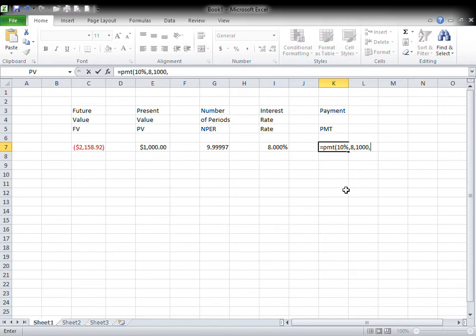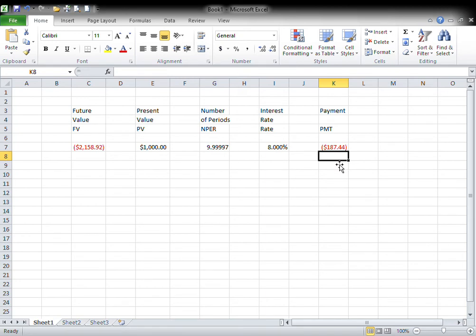And the future value of the loan, which is what the loan is going to be worth when it's all paid off, is 0. Close the parentheses, and we would see as our payment, $187.44.